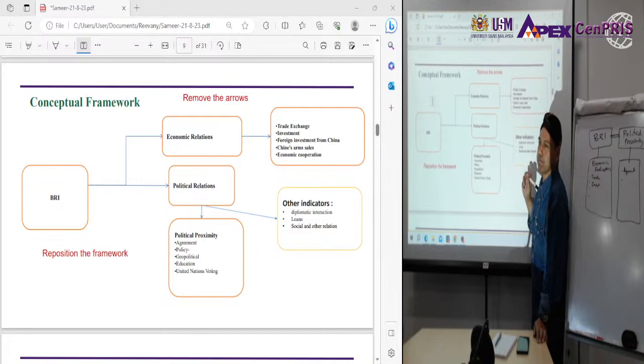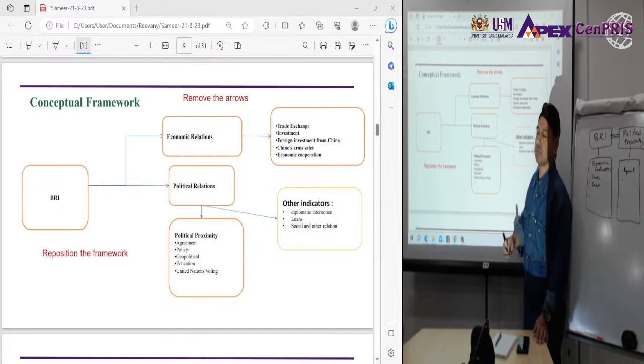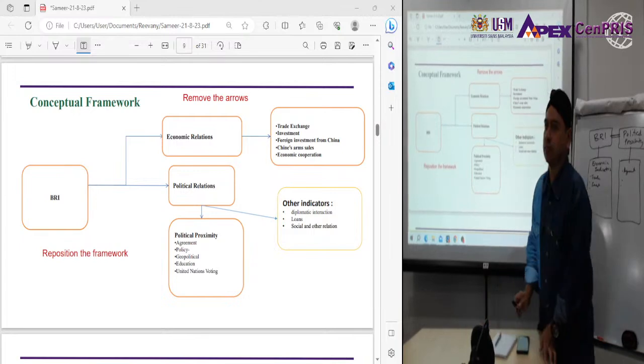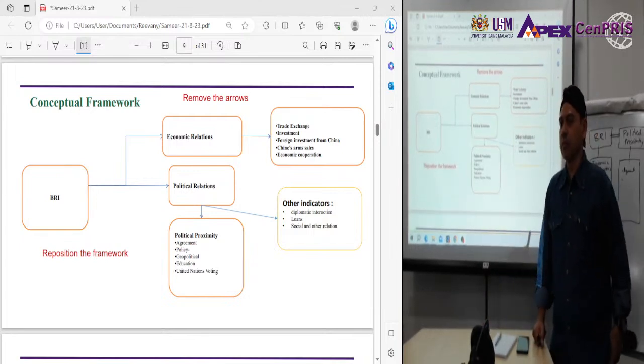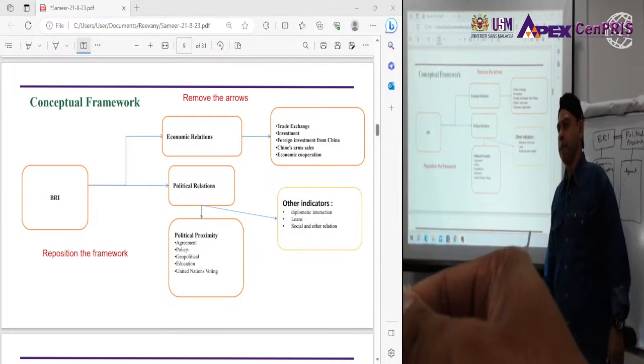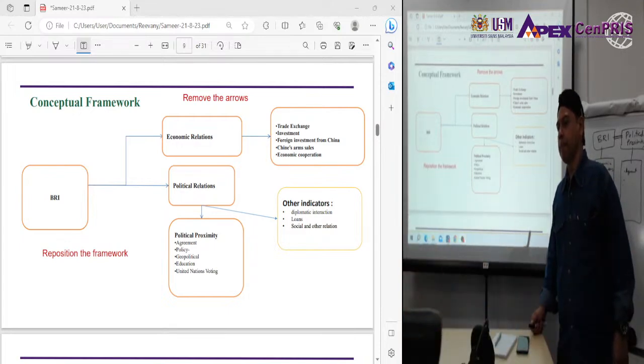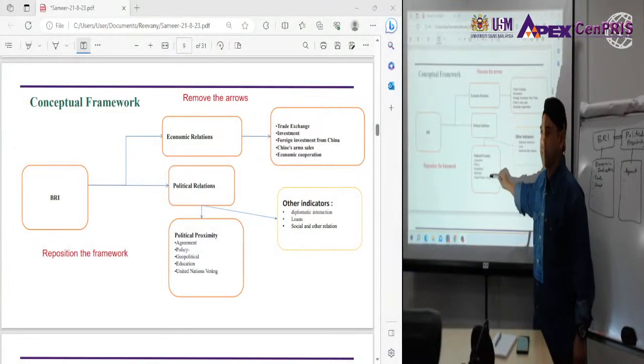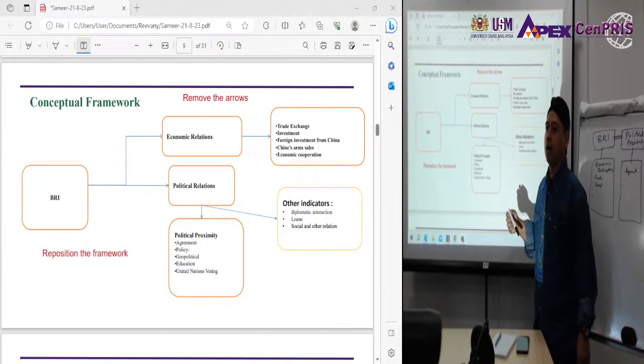To be honest with you, my idea, not talking about the conceptual framework about political proximity, I need to take that economic relation and political relation. This political relation and economic relation make political proximity. These two lead to political proximity.